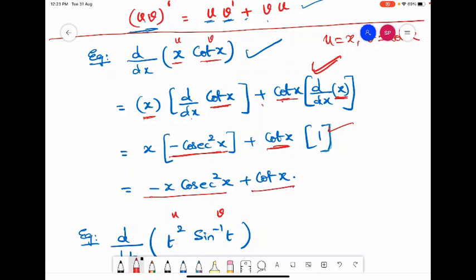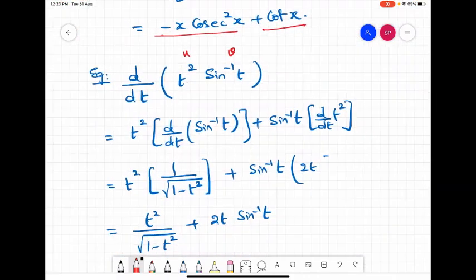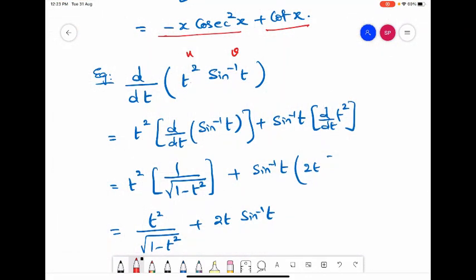So let us do one more on the same thing, that is d by dt of t square into sine inverse t. So which is equal to, again u is equal to t square and v is equal to sine inverse t. So t square into d by dt of sine inverse t, the first function is t square, the second function is sine inverse t.